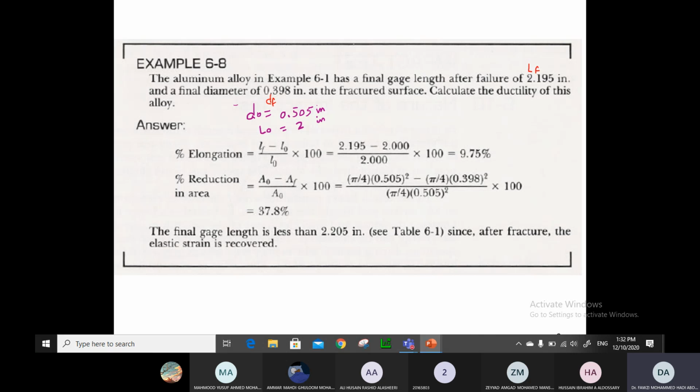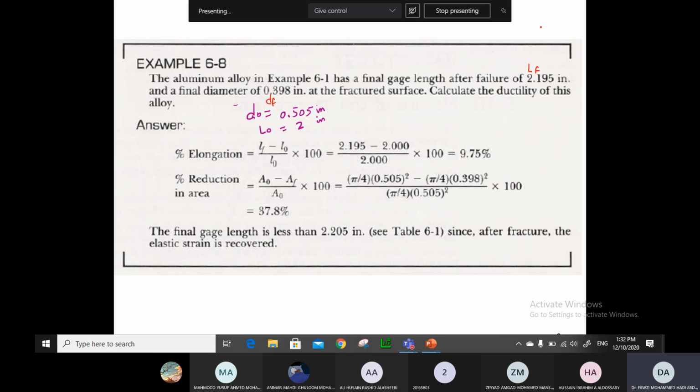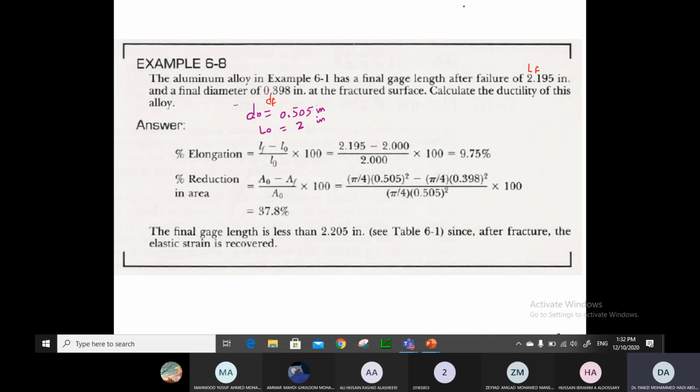So what happened here in this question is that we took the specimen, and we measured the dimensions of the specimen.